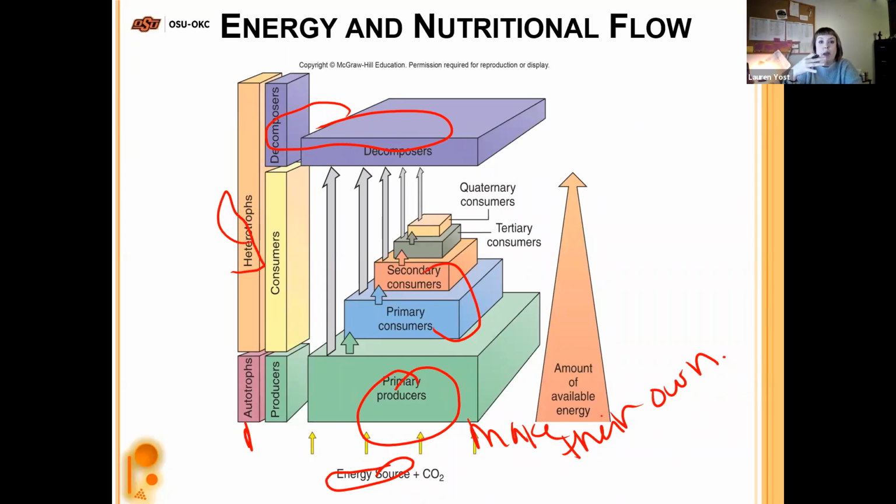And everything else is going to depend upon it to sustain its life, right? Like plants is what I'm talking about here primarily, yes. Primarily plants, there's bacteria that fall under these as well, cyanobacteria and stuff like that are going to make their own energy and have their own carbon source, but you get it.